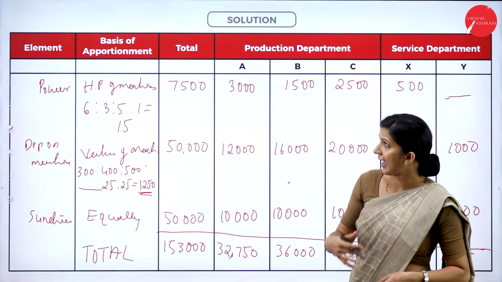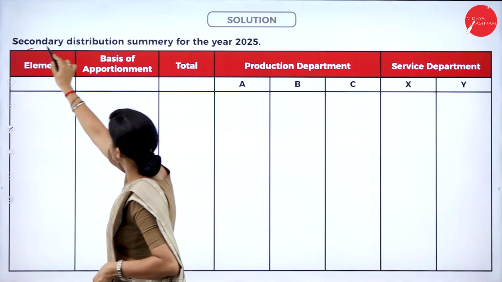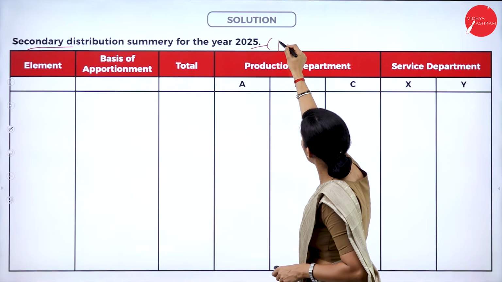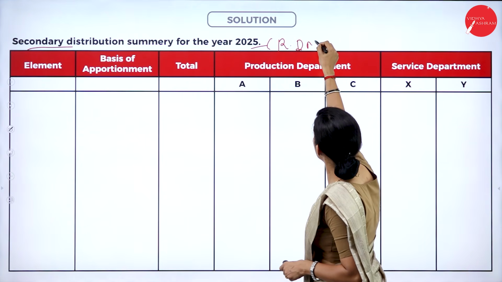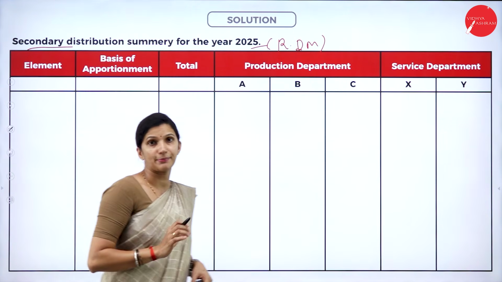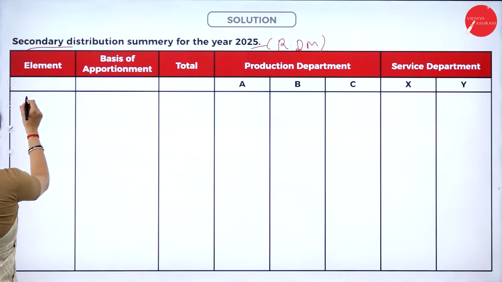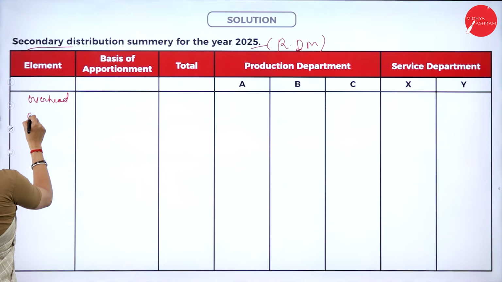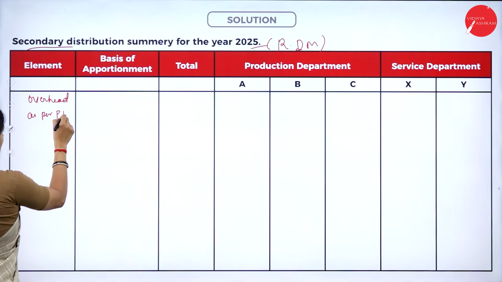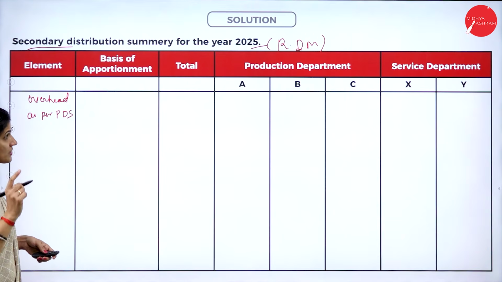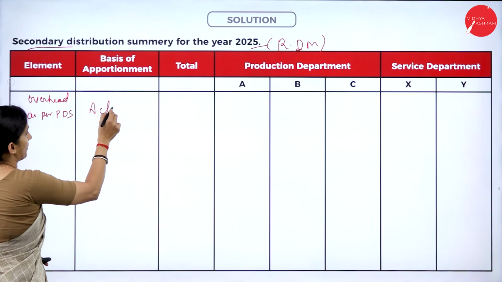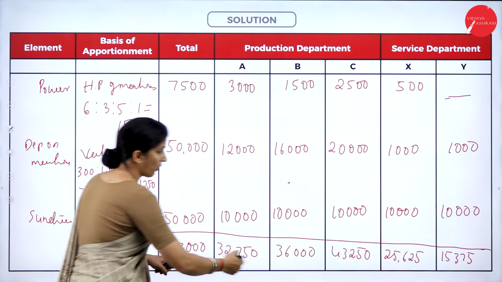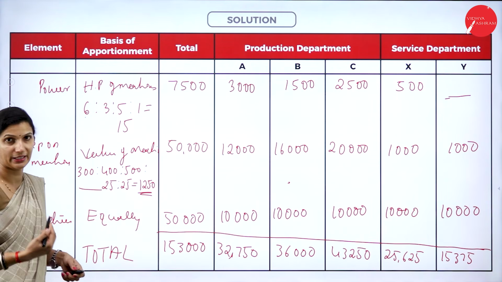And the next step, we have to prepare the secondary distribution summary for the year 2025. Here the method we are following is the repeated distribution method. The first step is to take the overhead as per the primary distribution summary. Whatever the actual amount we have got, we will take here. So simply we'll write all this total in the secondary distribution summary.